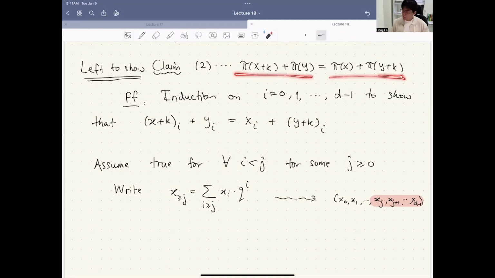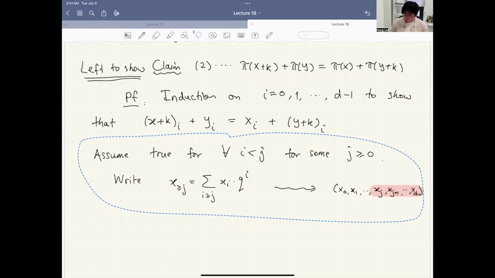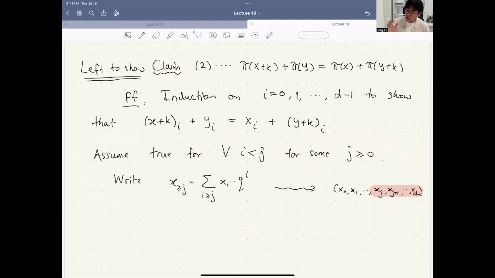You want to prove these two vectors are the same, right? Let's just prove by coordinates that they are the same. Now assume it's true up to coordinates before j, for some j greater than or equal to 0. Let's write the later digits like this.